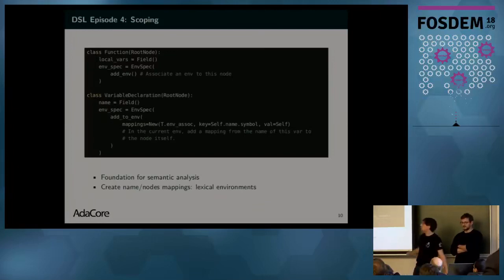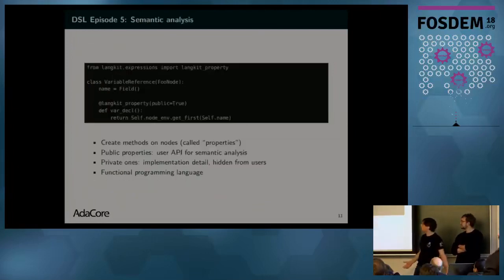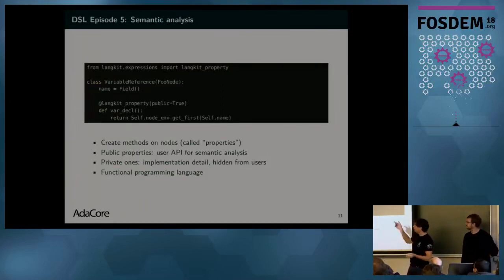And then you will implement semantic analysis by adding yet another kind of annotation on nodes. This kind of annotation is methods, which we call properties in Langkit. The public ones will actually implement the semantic analysis API that you want to provide to your users as a library author, such as here.